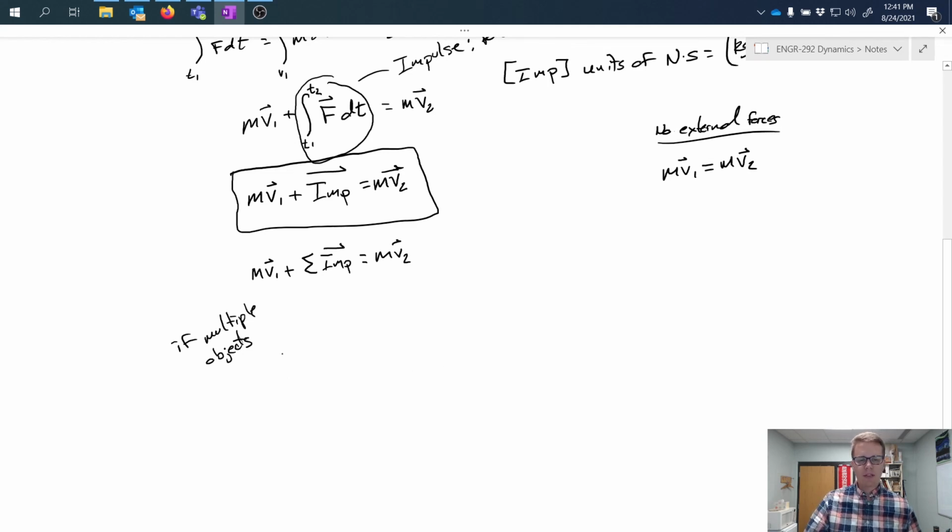We can write this with summation terms for each expression in this equation. And what this says is that I can have more than one thing involved, and I can sum the momentum of each thing, sum the forces that might be applied externally, and then finally sum the resulting momentums after whatever happens.